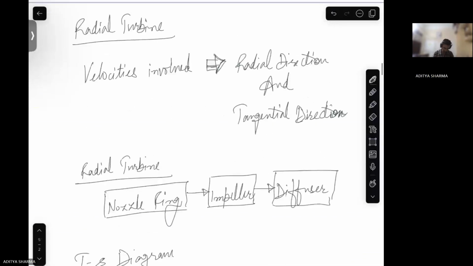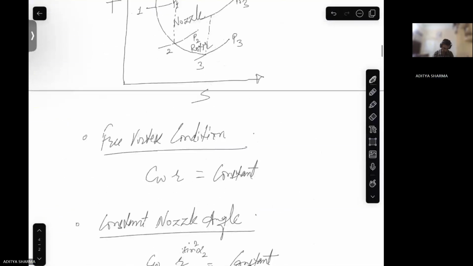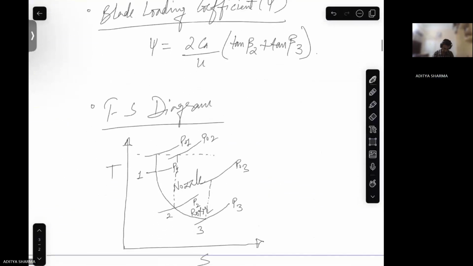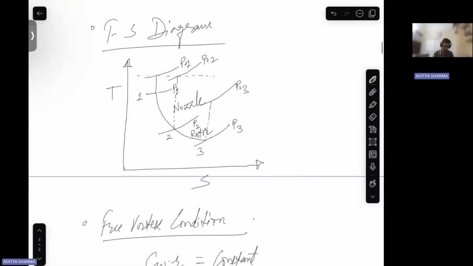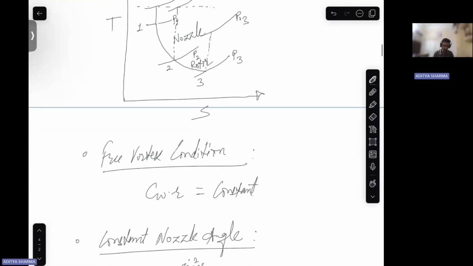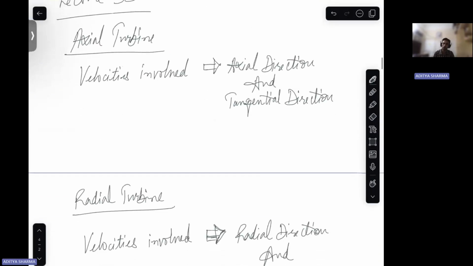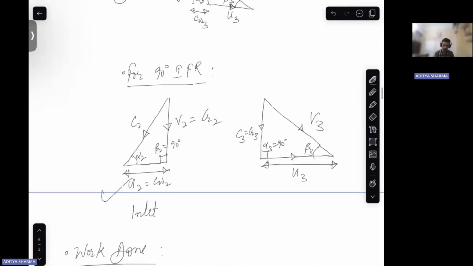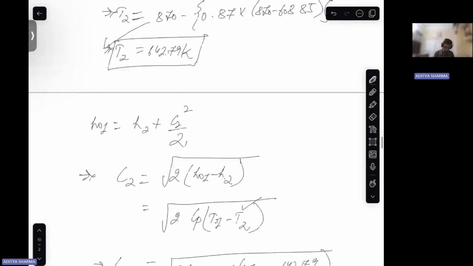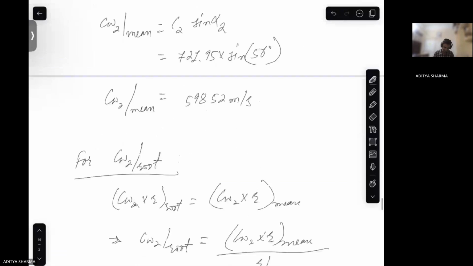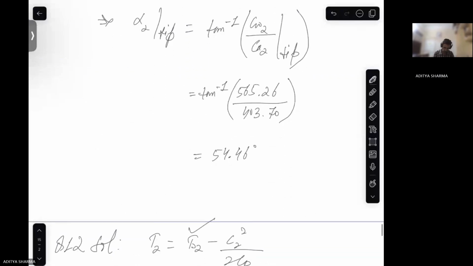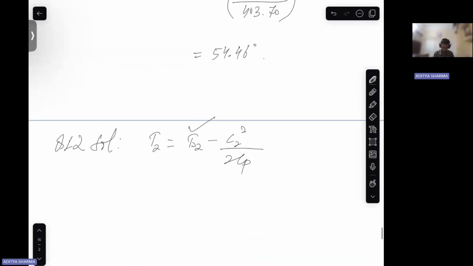Across the nozzle your total temperature remains the same. So T naught 1 and T naught 2 are both the same thing, right? Either you write T naught 1 or you write T naught 2. So now T naught 2 we have 870.